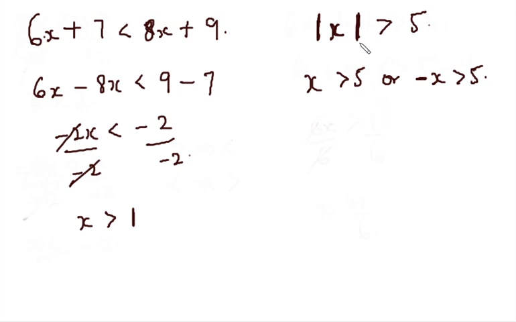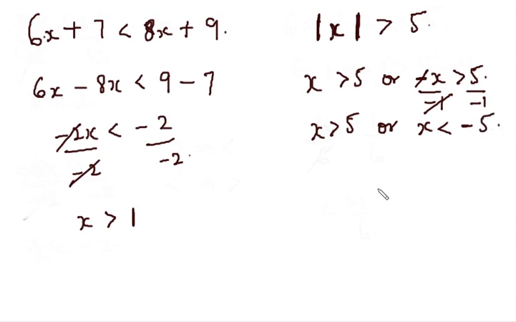So it could mean two things, this or this. This means that x is greater than 5, which is already simplified. Or with minus x, we have to divide both sides by minus 1. That minus 1 cancels out the negative here, and since we are dividing by a negative, the sign will change. So we have x less than negative 5.